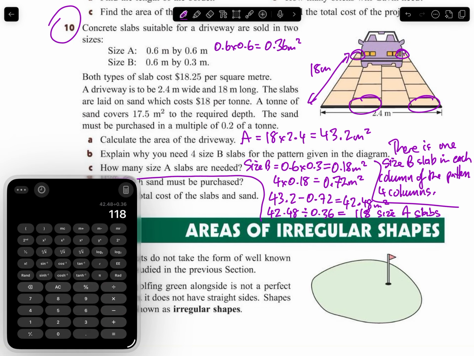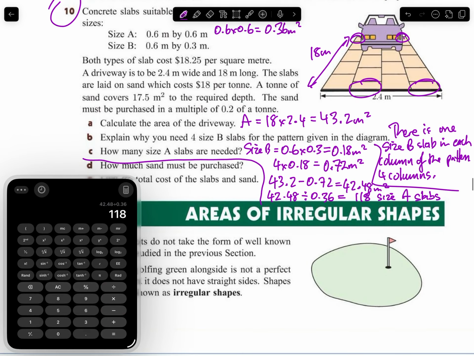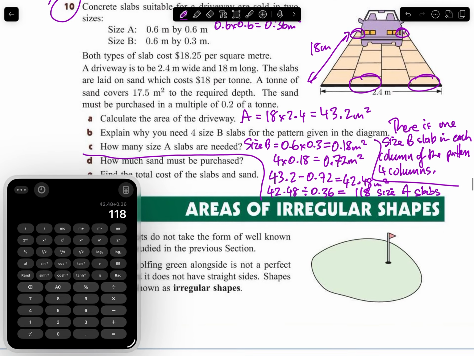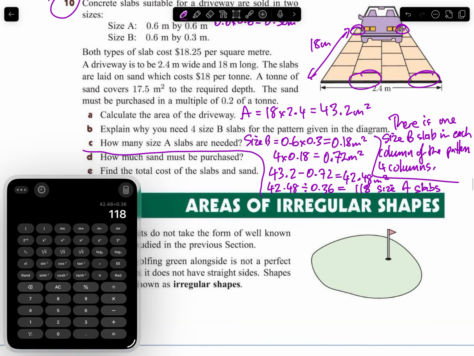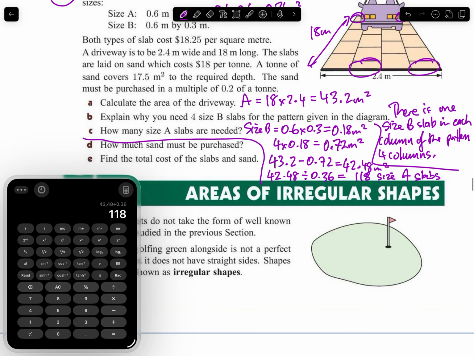How much sand must be purchased? A ton of sand covers 17.5 square meters to the required depth.